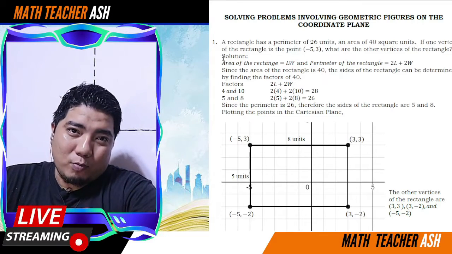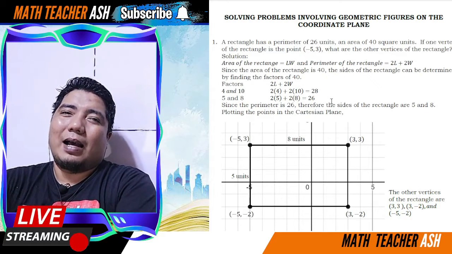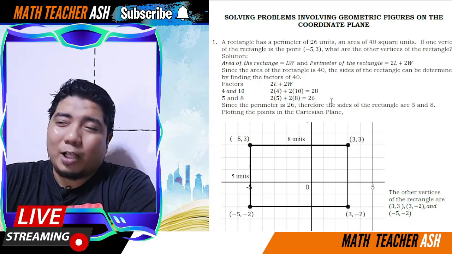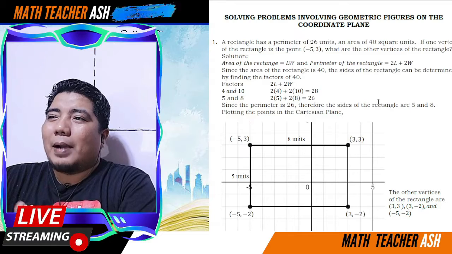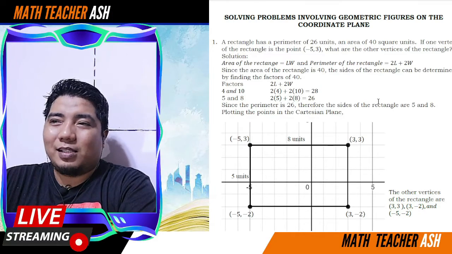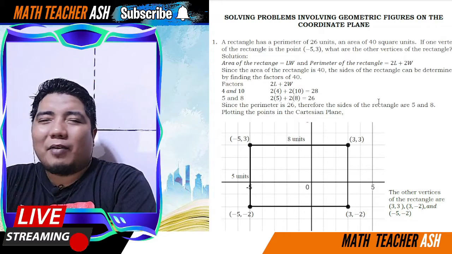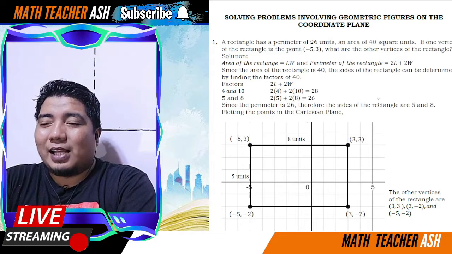So, paano mo malalaman ang other vertices? Of course, kailangan malaman mo muna ang actual dimensions ng length at width ng rectangle na ito na kung saan pag i-add natin lahat sila, 26 ang sagot. Pag i-multiply naman natin is 40. So ano ba ang factors ng 40? We have 4 and 10 kasi 4 times 10 is 40.